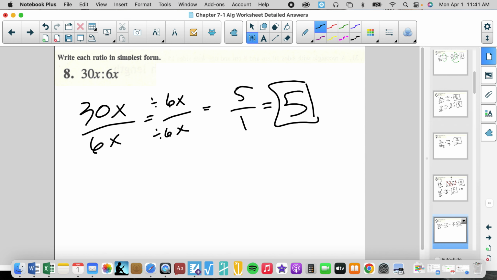Write each ratio in simplest form. That would be interesting. Let me check that answer, see if they keep it as a ratio. I would be very interested to see number 8's answer. Yeah, they did. Since they want it as a ratio, all of these are incorrect. They want it as a ratio.